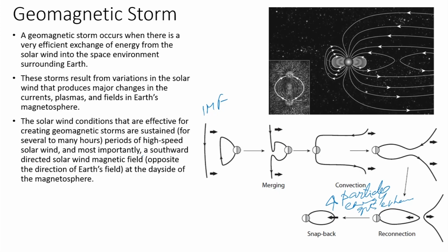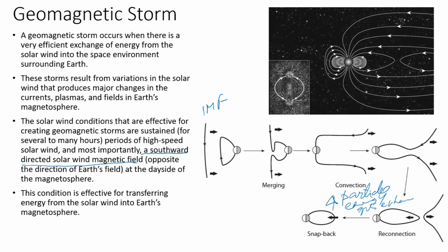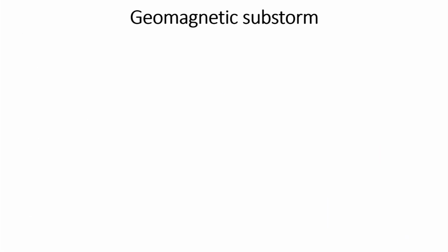This is opposite to the direction of the Earth's magnetic field at the day side of the magnetosphere, and this condition is effective for transferring energy from the solar wind into the Earth's magnetosphere. This is how the interaction of the solar wind with our geomagnetic field happens, giving phenomena like the geomagnetic storm.